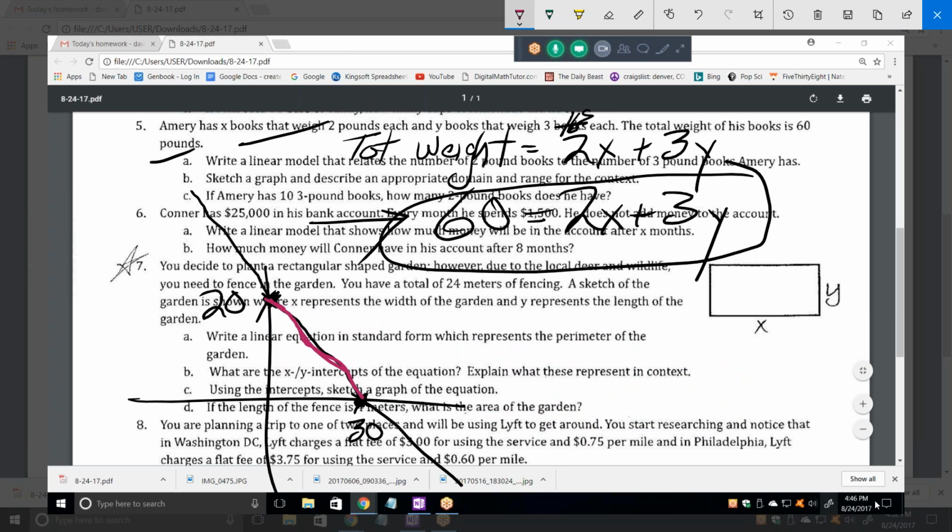So let's go back up into this equation. It says if she has 10 3-pound books, so I can say 60 equals 2x, the number of 2-pound books, plus 3 times 10, 10 3-pound books. Now solve that.